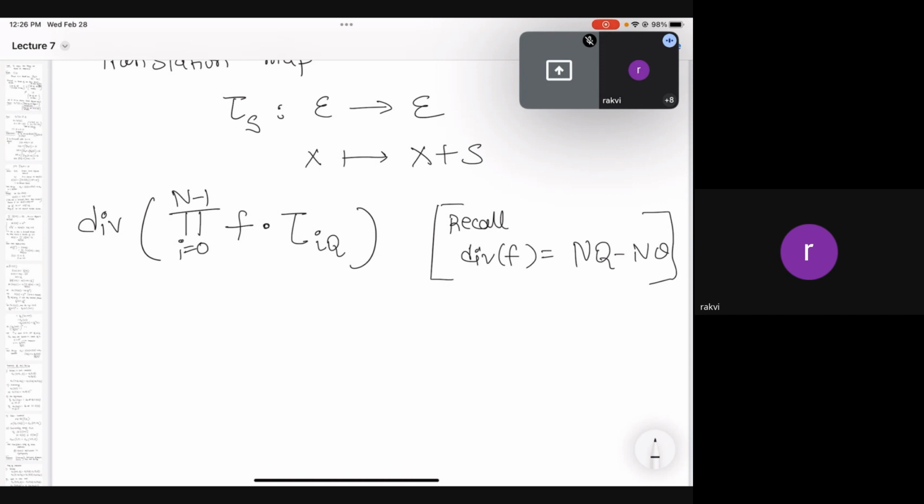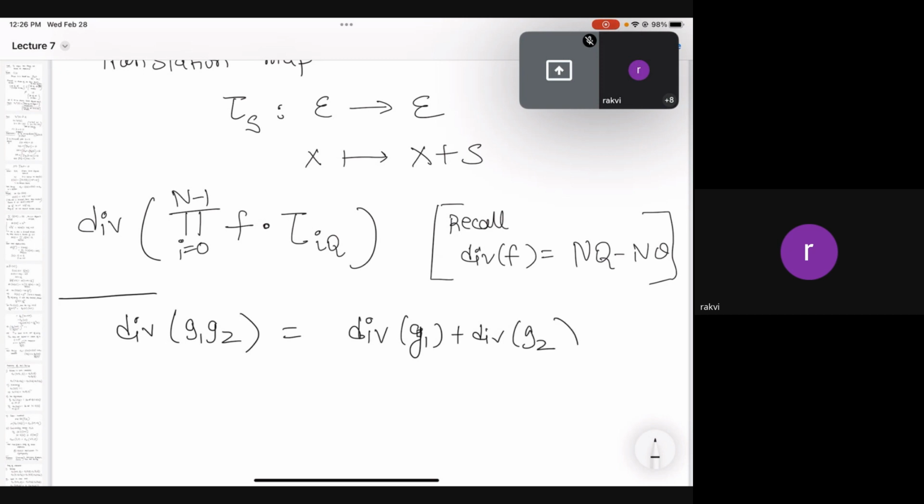So the divisor of the product is the sum of divisors, because the order of the zeros behaves additively.